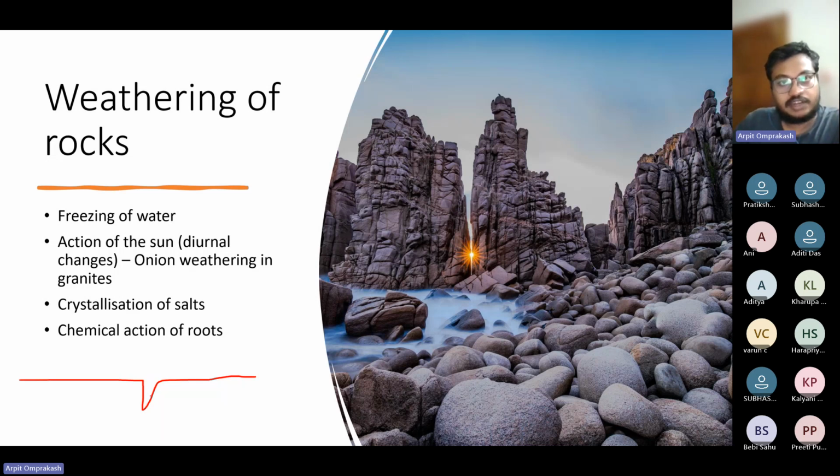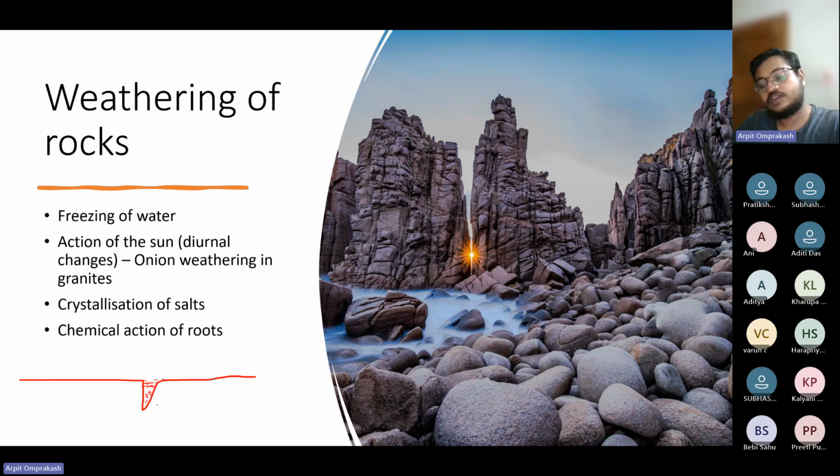So in this crack, when it rains or if there's some deposition of water, and sometimes if it's quite cold, this water tends to freeze. And we know that water has the highest density at around 4 degrees Celsius. So as the water cools to 4 degrees, it has the highest density. So it is quite densely packed in this hole.